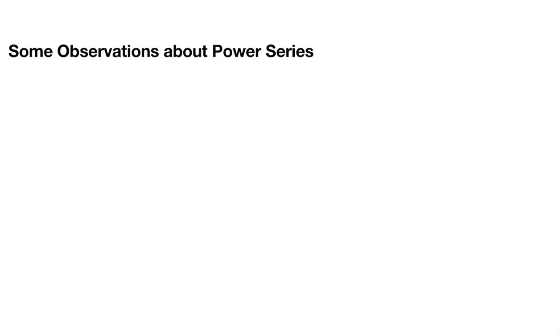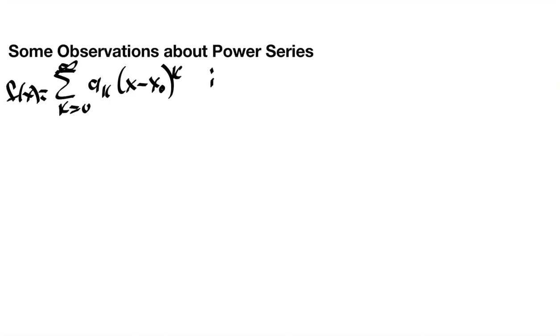Furthermore, it also is differentiable on the interval. The next observation, and again, this all comes from uniform continuity. So if I call this function f of x, then f is differentiable on (x naught minus r, x naught plus r).